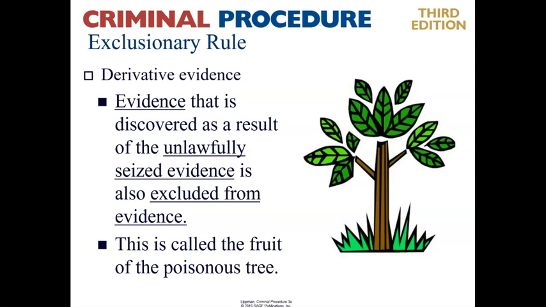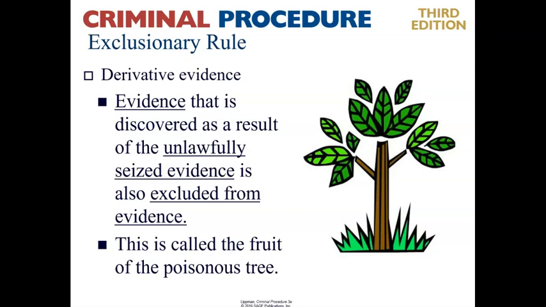To give you the definition, the exclusionary rule, remember, provides that evidence that is obtained as a result of a violation of the Fourth Amendment prohibition on unreasonable search and seizure is inadmissible in a criminal prosecution to establish a defendant's guilt. Now, derivative evidence, or evidence that is discovered as a result of the unlawfully seized items, is also excluded as evidence.